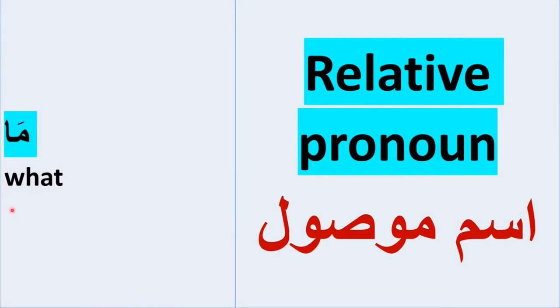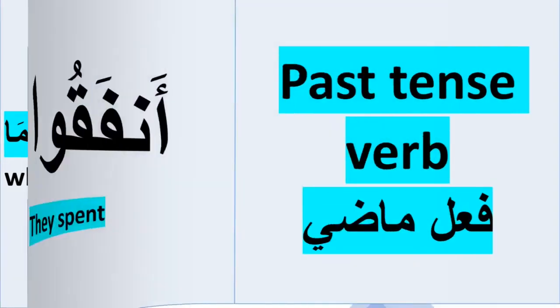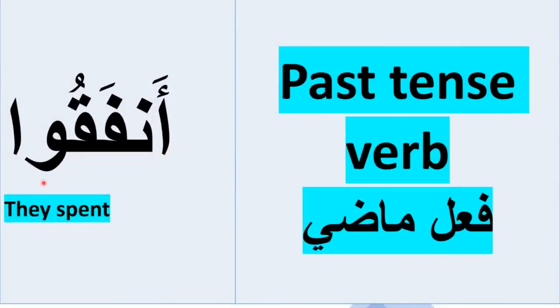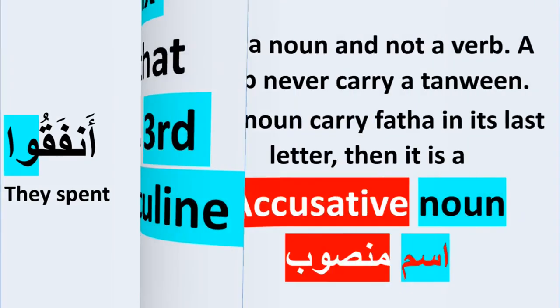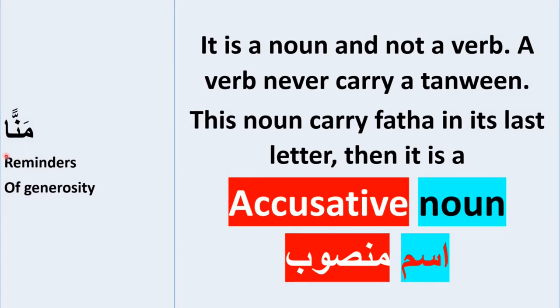ما, what. اسم موصول, relative pronoun. أنفقوا, they spent. فعل ماضي, past tense verb. أنفقوا, they spent. This suffix indicates that this verb is a third person masculine plural. مناً, reminders of generosity.